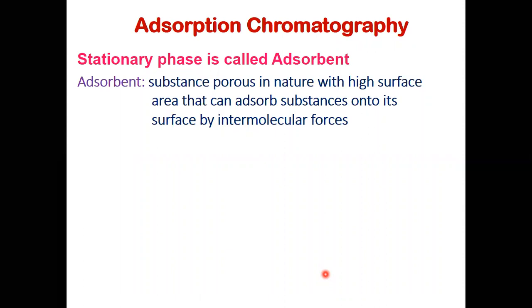Here we are discussing thin layer chromatography with solid stationary phase, so it is also known as adsorption chromatography. In adsorption chromatography, the stationary phase is known as adsorbent. Adsorbent is a substance which is porous in nature with high surface area that can adsorb substances onto its surface by intermolecular forces.